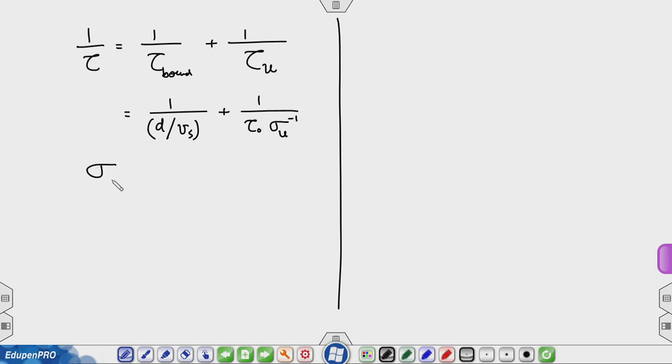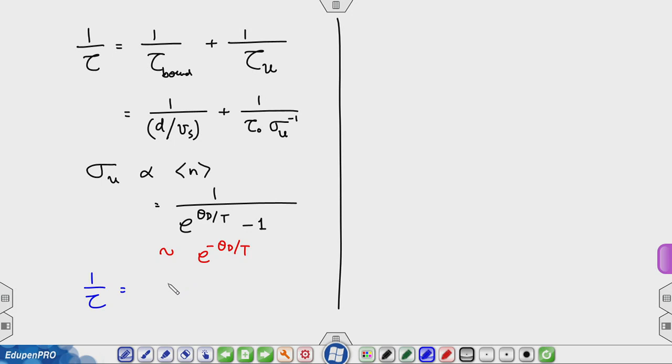Now, sigma u is proportional to n, which is 1 over e raised to theta d divided by t minus 1, which at low temperatures I can roughly write as e raised to minus theta d over t, and therefore, 1 over tau is equal to 1 over d over V s plus 1 over tau 0 e raised to theta d divided by t.